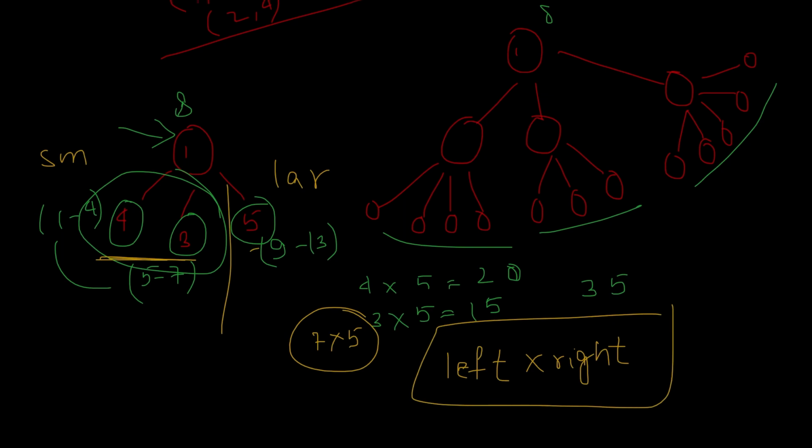And this happens when left and right are about equal. I guess you have done a problem in DP where you partition an array into two parts such that the difference between the two partitions is minimal. That is the thing.